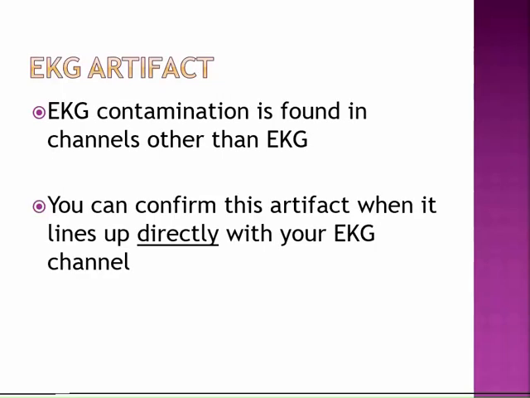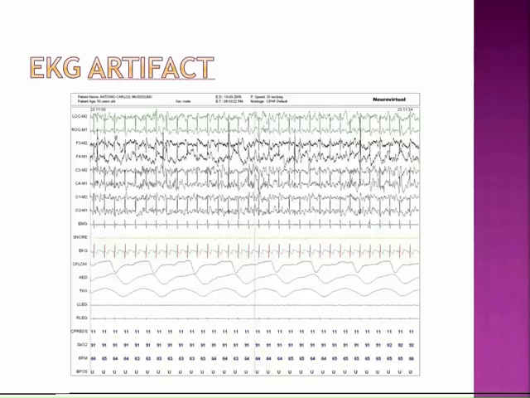EKG artifact is when you have contamination from your heart or your EKG channel in any of the other channels other than your EKG. And how we know that it's EKG artifact is if you look at all these crazy spikes going on in your EEGs and your EOGs. We know it's EKG because these spikes line directly up with the spikes of the EKG channel.